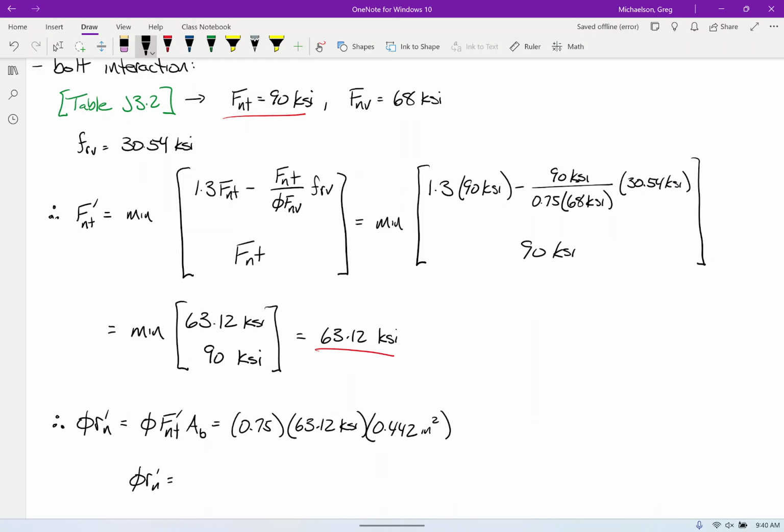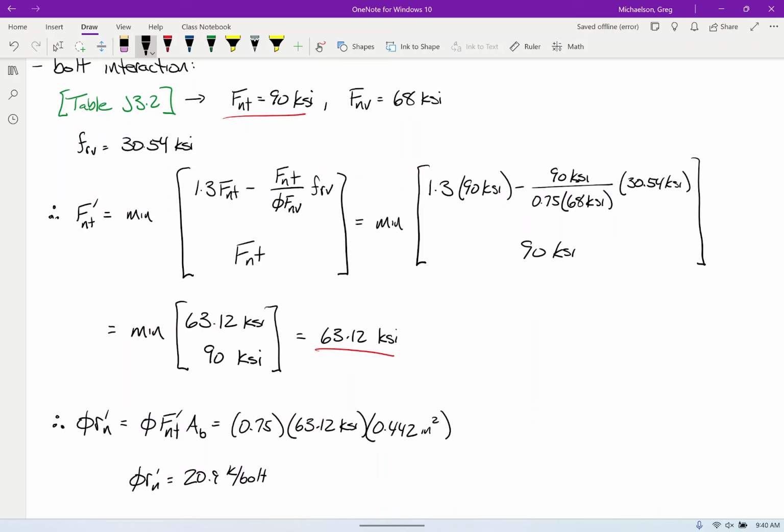So what do we get for phi RN, or phi RN prime, I guess we should say? 20.9 kips per bolt. We'll just say 20.9. Do I have a second on that?